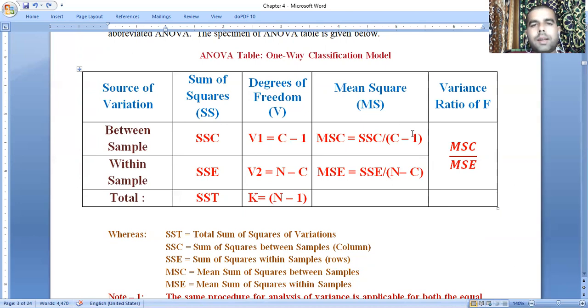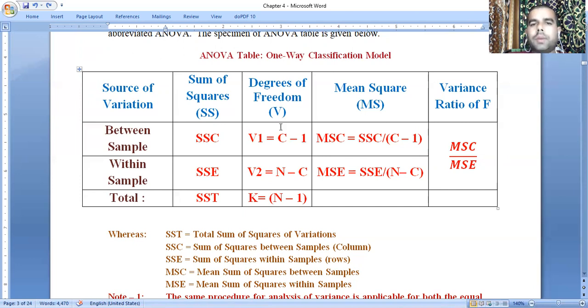Sum of squares: between samples SSC, within samples SSE, and the total we call SST. The common point is SS in the three columns. Then C comes first in alphabetical order, then E second, then T third. I think you got good clarity regarding SSC, SSE and SST.